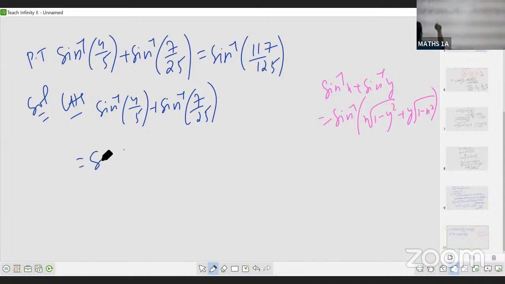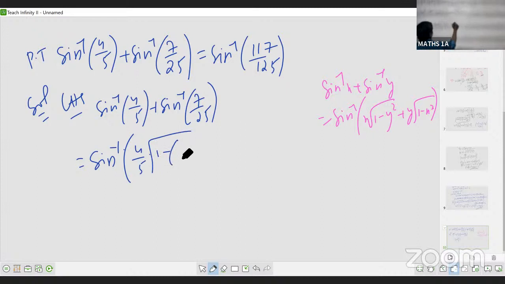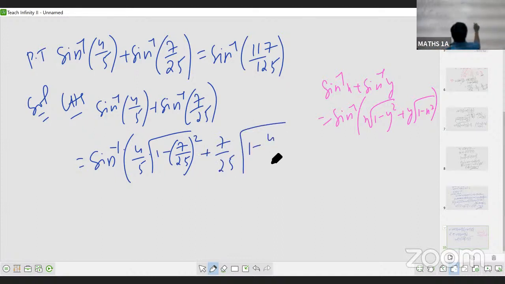Here, that is sin inverse of 4 by 5 under root of 1 minus 7 by 25 whole square plus 7 by 25 under root of 1 minus 4 by 5 whole square.